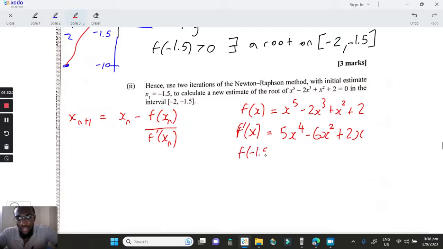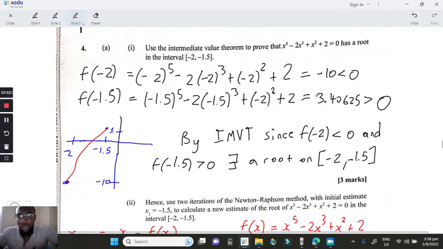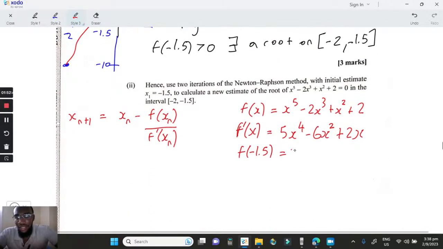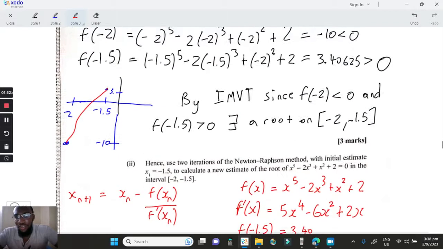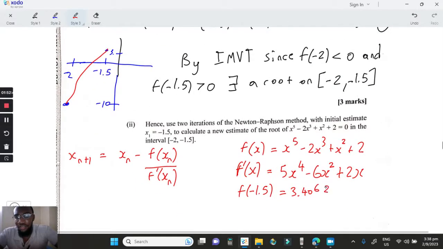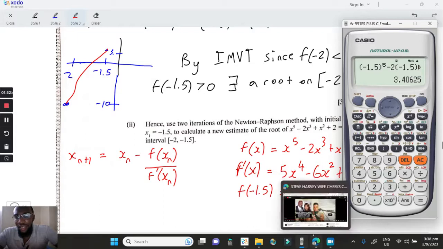So f of negative 1.5, initially we had worked that out to be 3.40625. It's right here in the calculator.